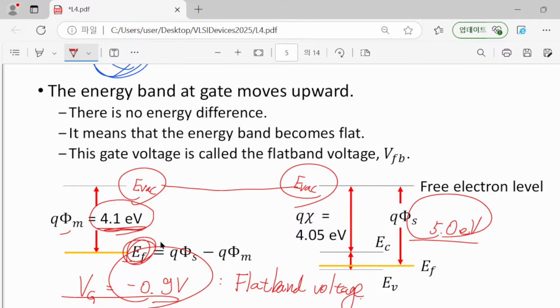Simply speaking, if you apply flat band voltage to your gate, then your vacuum level profile becomes really flat. That is the case.